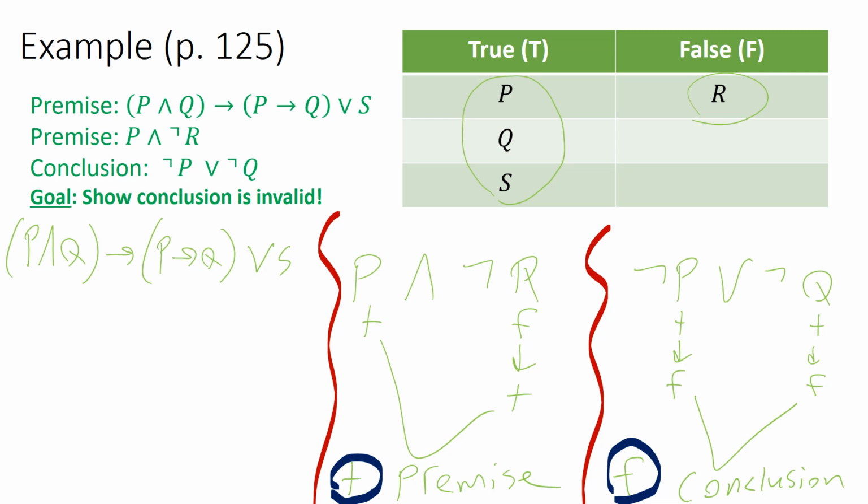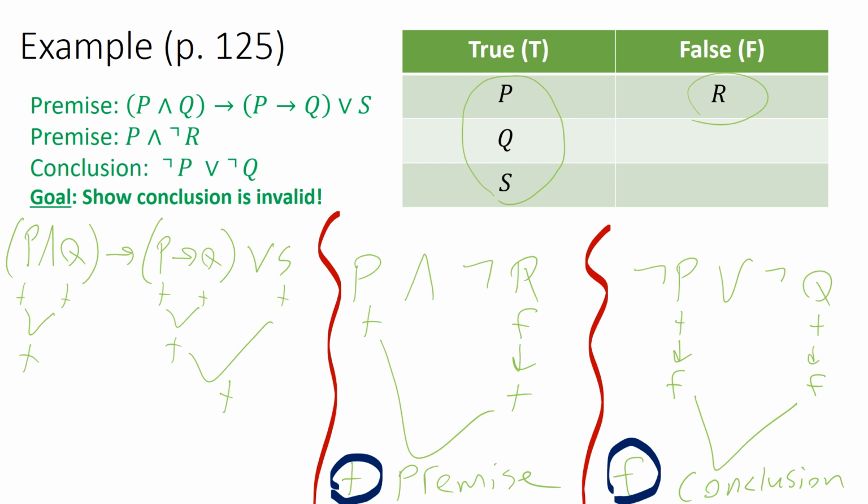And in our first premise, let's look at this little conjunction here. P is true, Q is true, so that is a true conjunction. If we look at this little conditional, P is true, Q is true, so this conditional is true. And then we have this disjunction here. S happens to be true. Both options are true in the disjunction, so that disjunction is true.